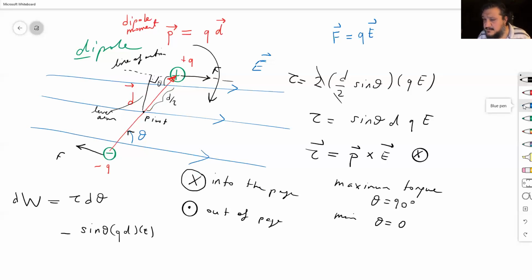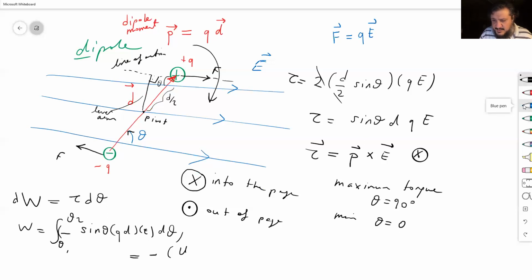And then you add a d theta to it, and then you integrate this from some theta 1 to theta 2. If you carry this integral out, of course, the integral of sine theta is negative cosine theta, right? So you get cosine theta. So you get something like this. You will get the difference.